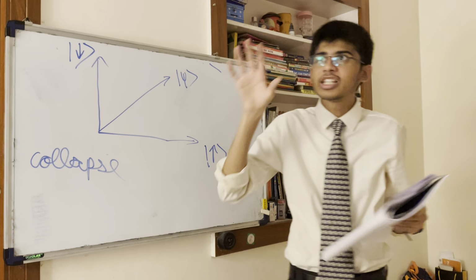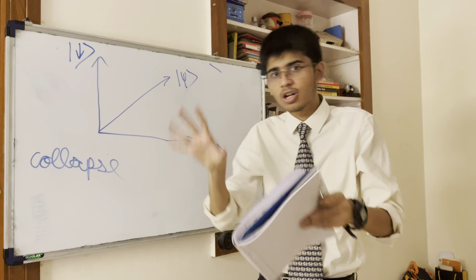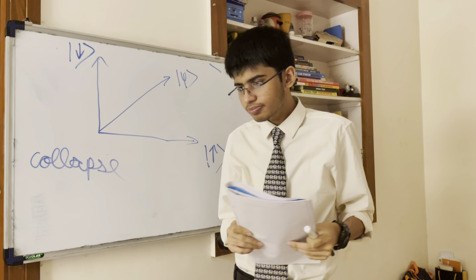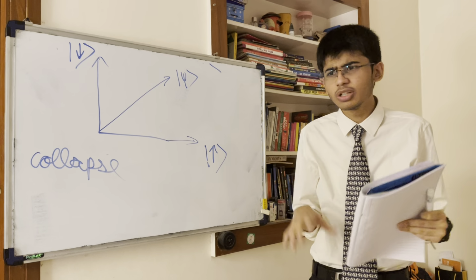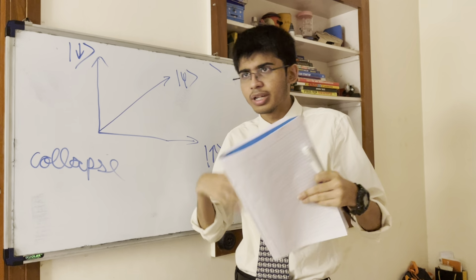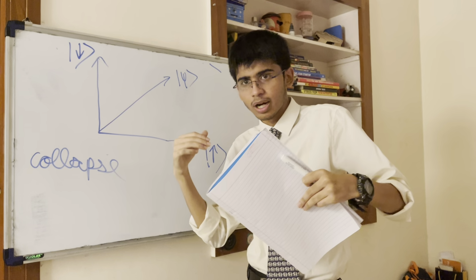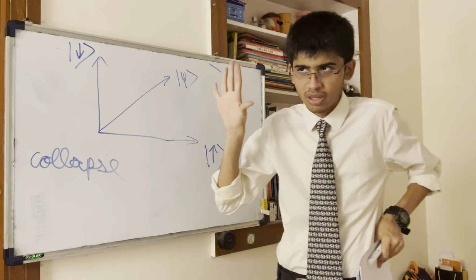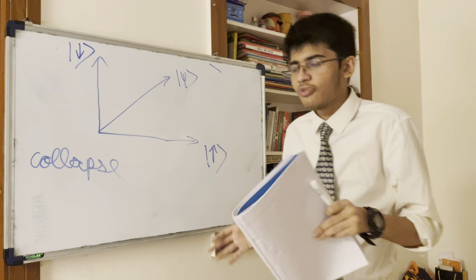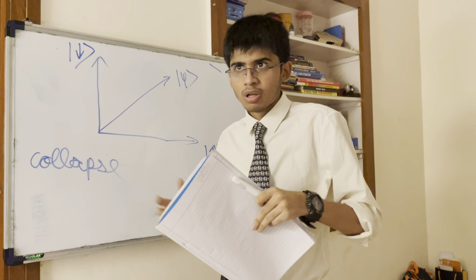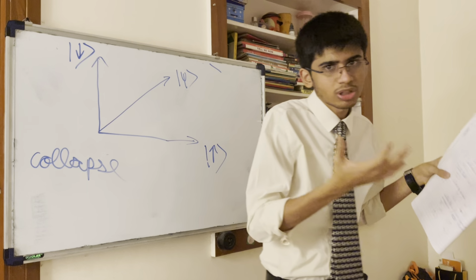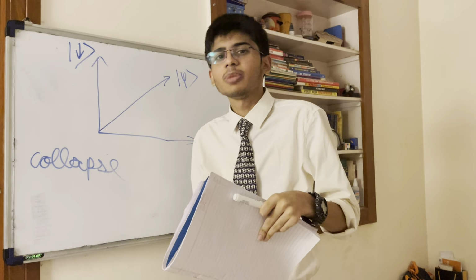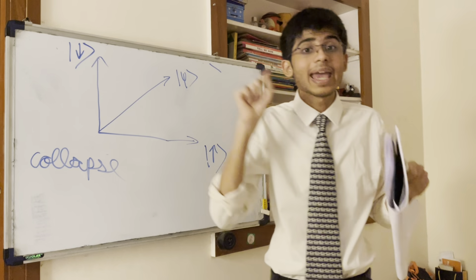Now if I change the axis I'm measuring, so I measure along the z-axis and found it to be spin up, from theory we know that 50% of the time it can be spin up or spin down if I am changing the axis. So if I now measure it along the x-axis, theoretically 50% of the times it will be spin up with respect to the x-axis, and 50% of the time it will be spin down with respect to the x-axis.